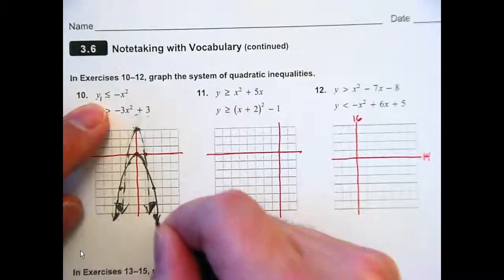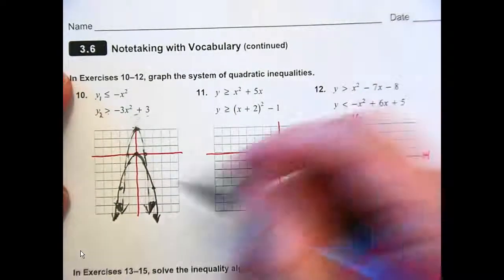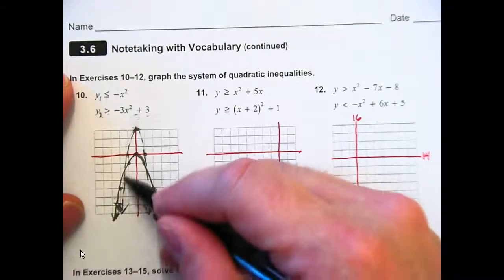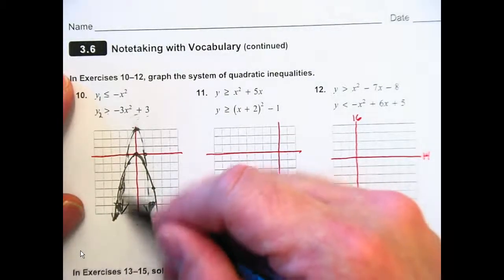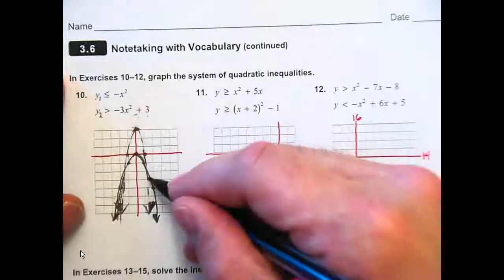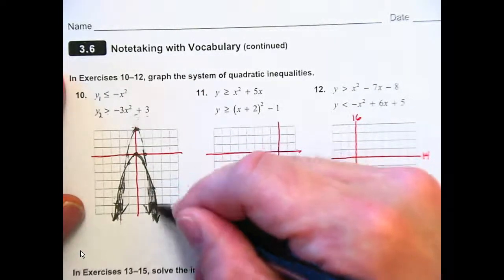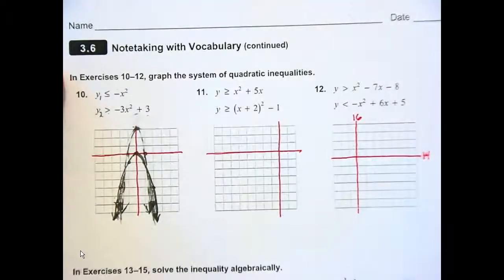Notice the solids, or the shaded parts, are facing each other right there. That is my solution area. It is a pretty skinny area. That is my solution area. The overlapping region. Pretty coolio? Coolio.